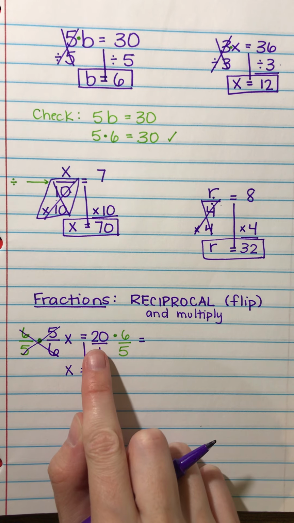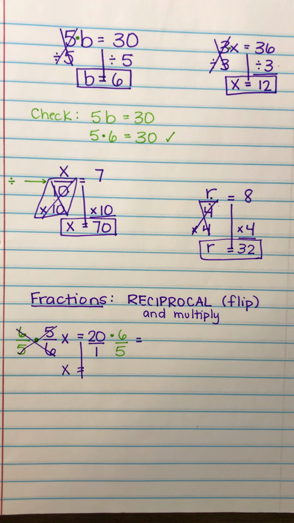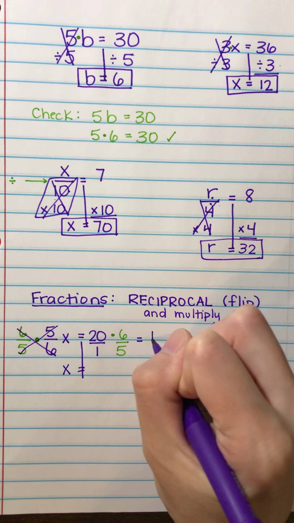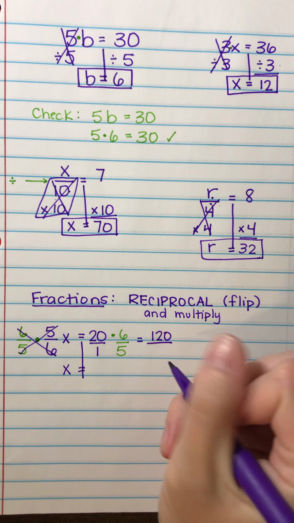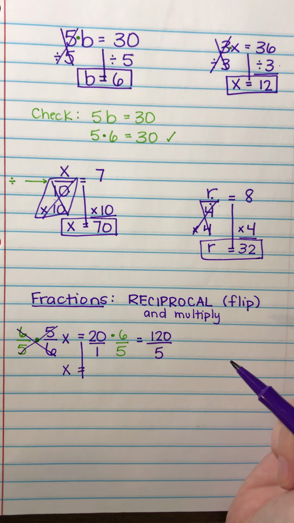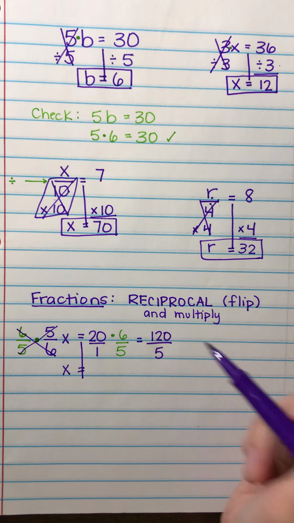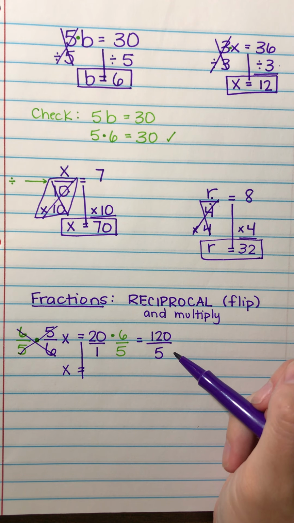If you're not sure how to do this in your head, 2 times 6, you can do the answer to that and then add a 0 to the end. 20 times 6 makes 120. 1 times 5 makes 5. And in this problem, I need to still make this fraction smaller to get an actual answer.